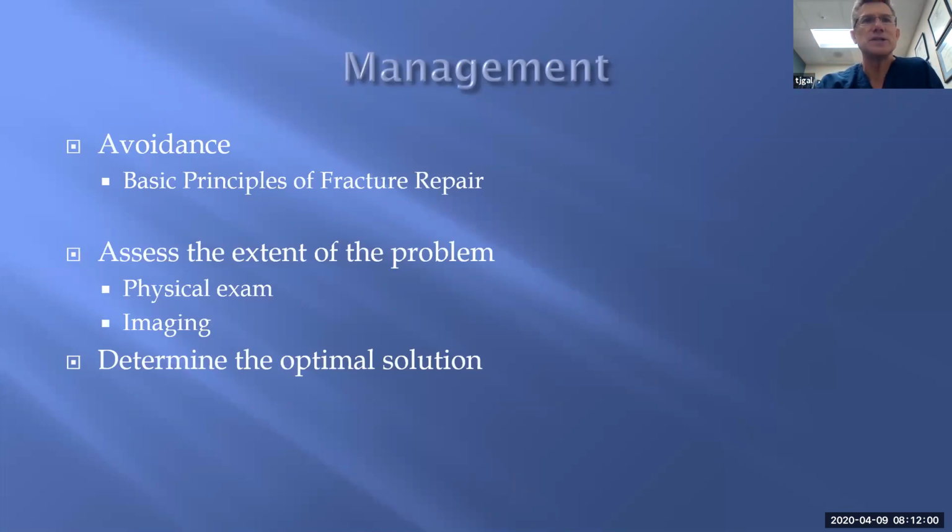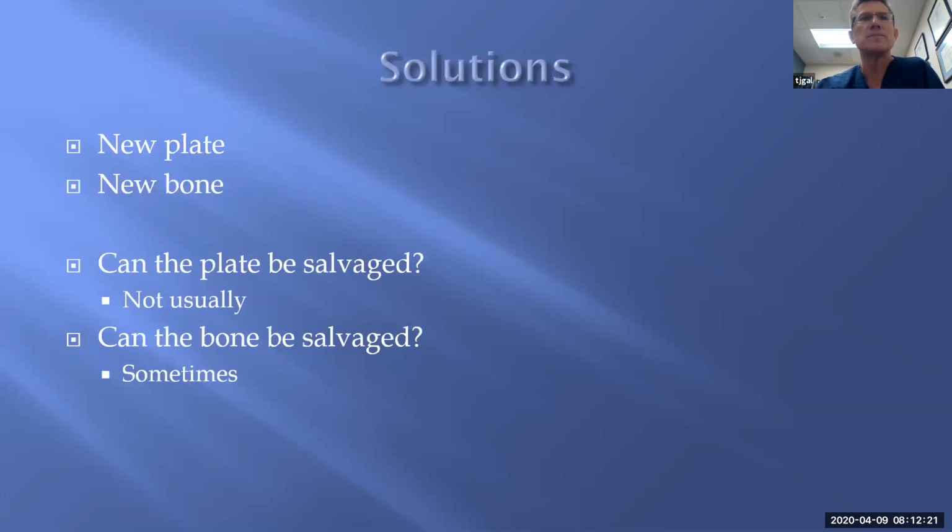But you need to assess the extent of the problem, looking at both physical exam as well as imaging. Make sure you get good imaging. 3D reconstructions are optimal. They're not always gotten primarily, so some of these are secondary reformats. I apologize for that ahead of time. And then come up with the optimal plan.